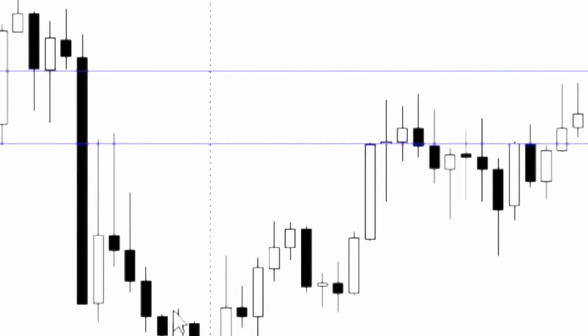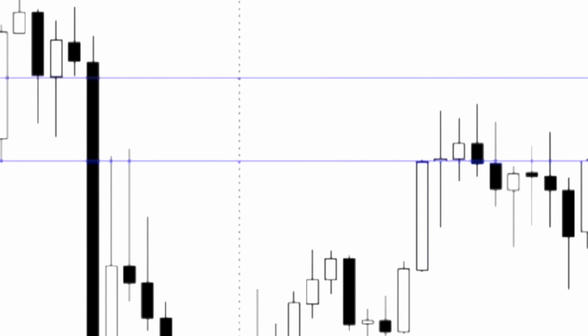Okay, so what is fair value gap? This is how I define it. Fair value gap is when you see a big candle, and between the previous candle before this big candle and the candle after it, there is a space between the two.